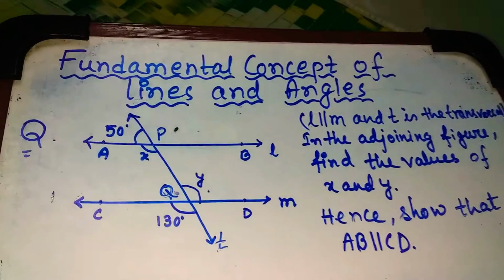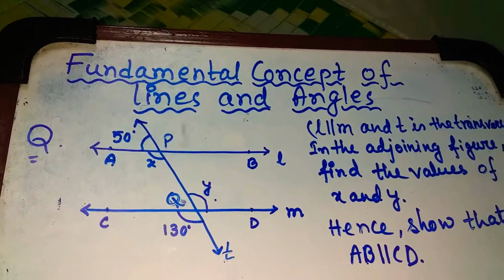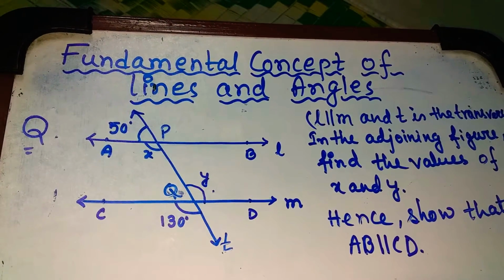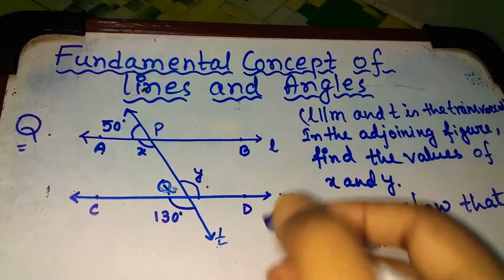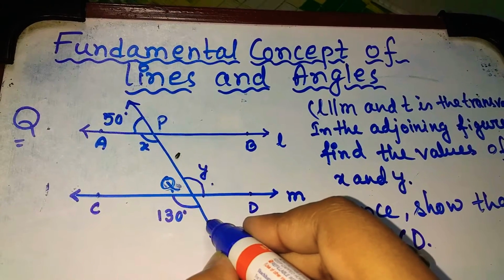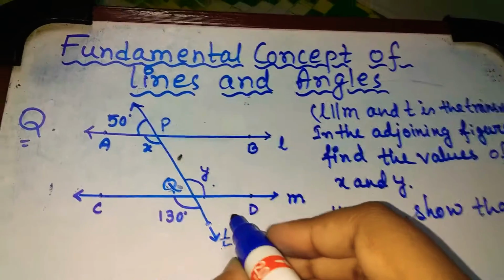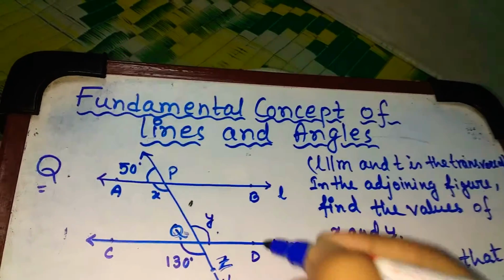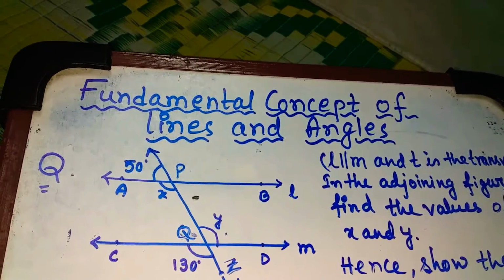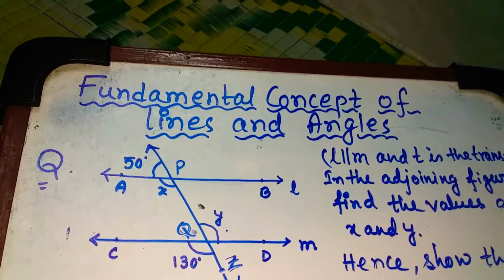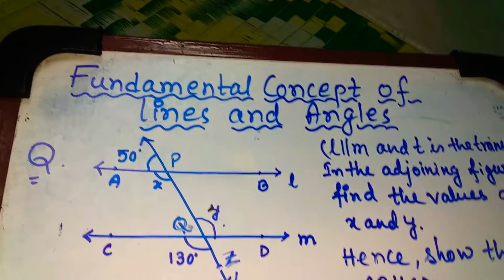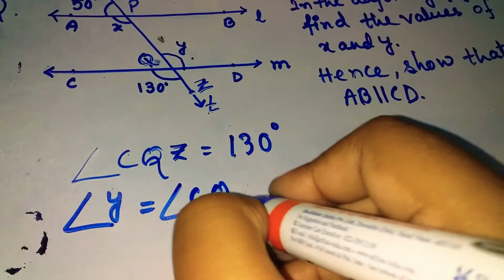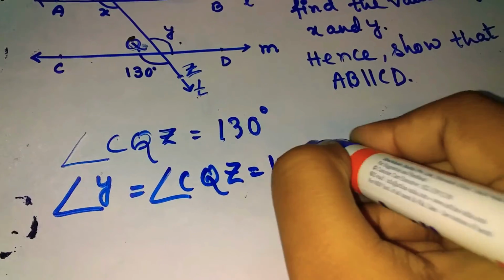So first we write angle CQ, and let's give it a name, like x, Z. Angle CQZ equals 130 degrees. Now angle y equals angle CQZ equals 130 degrees.